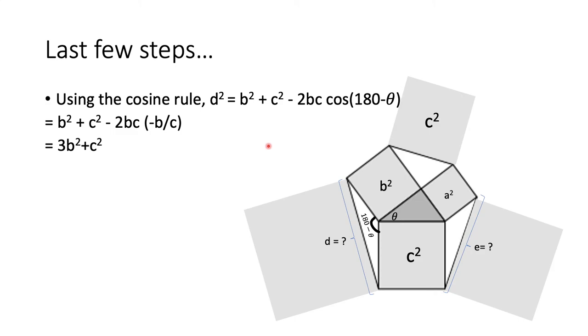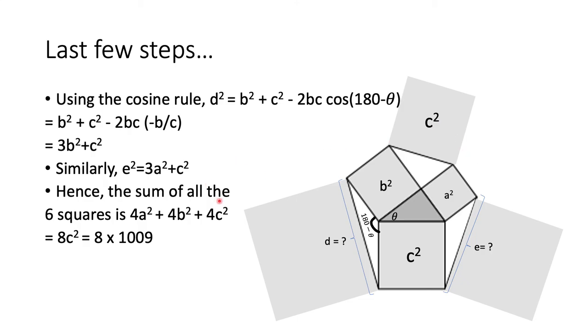Now we can use the cosine rule. D squared is B squared plus C squared minus 2BC cos of 180 minus theta. And so simplifying, we get 3B squared plus C squared is equal to D squared. So the area of this square over here is 3B squared plus C squared. And similarly, the area of this square over here is 3A squared plus C squared.